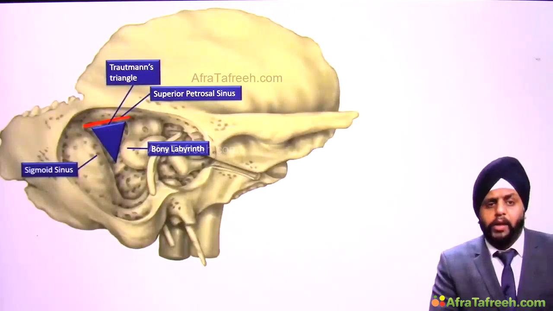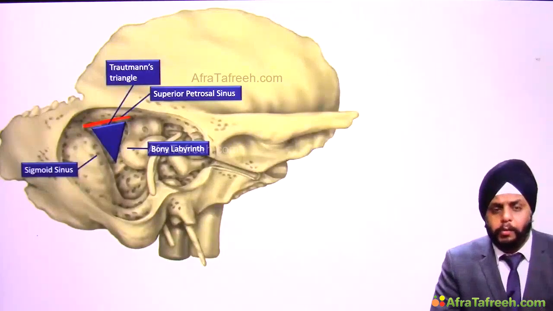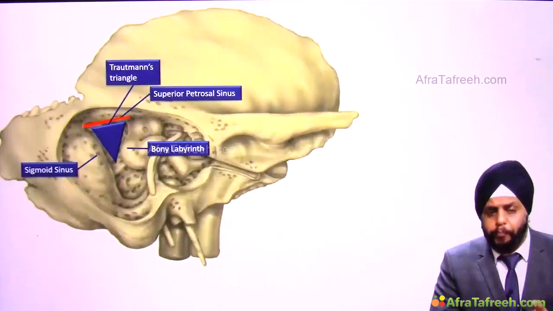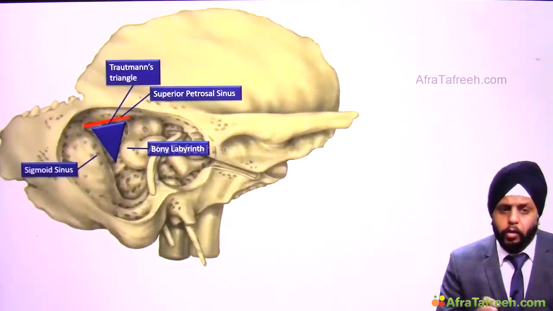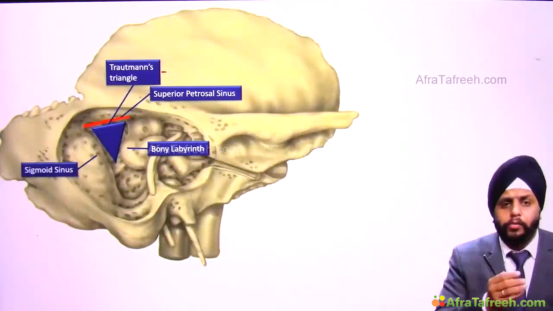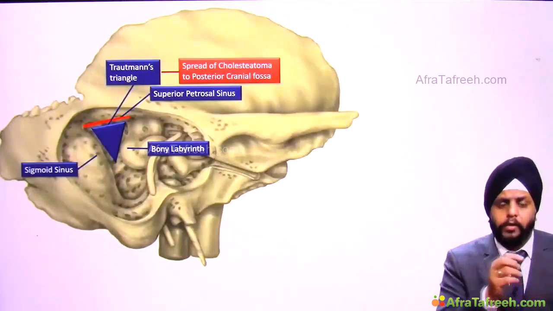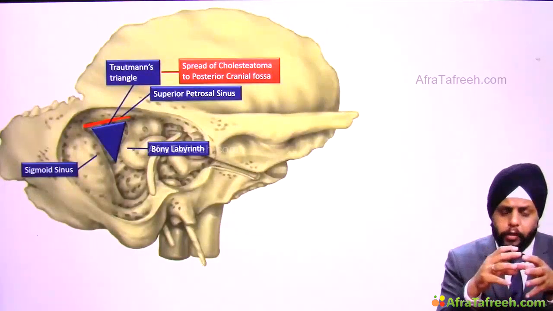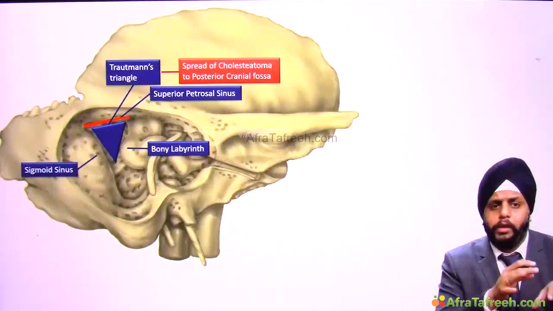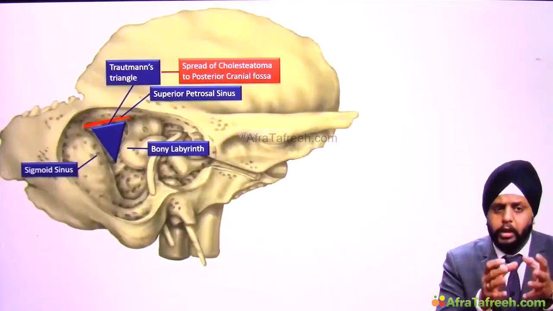Now what is the significance of Trotman's triangle? This is the place from where cholesteatoma erodes the bone and enters into the posterior cranial fossa. So this is the place for spread of cholesteatoma to the posterior cranial fossa.